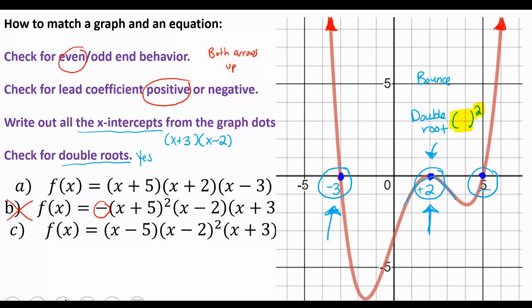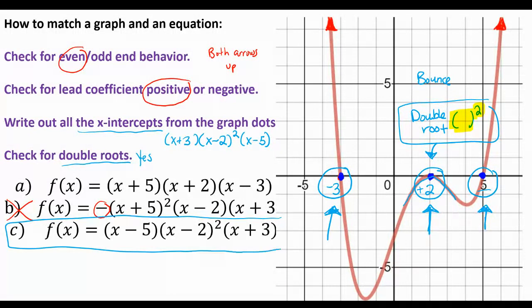It's also a double root, so we need an exponent. And then for the last one, it's a +5, so it goes back in opposite, -5. Okay, so the answer is going to be C. Remember, what you see on the graph, you put back into the parentheses as opposite.